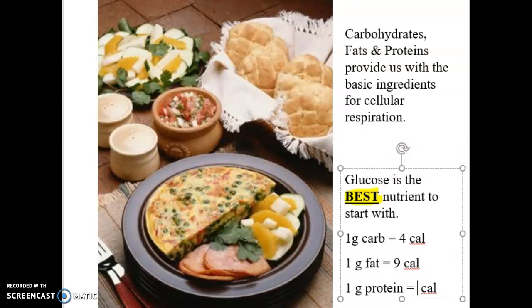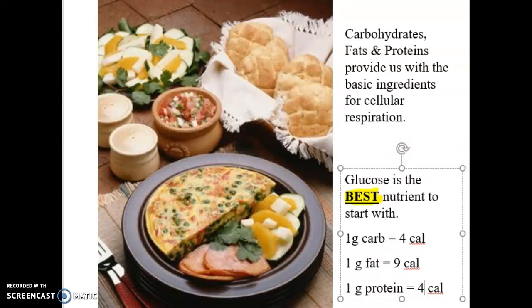But the challenge with fat, some of the end products, the byproducts, plus it's more important to use fat to build cell membranes and do the other things fat's supposed to do instead of using it for energy. And then proteins give us the same number of calories that the carbohydrates do. Give us about 4 calories of energy for every gram of protein. But really, we don't want to be burning protein to make energy.